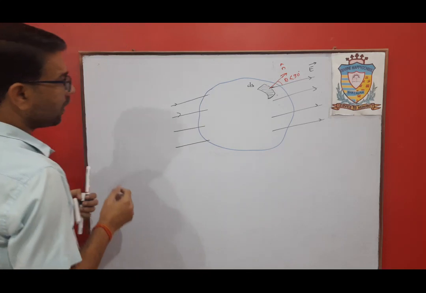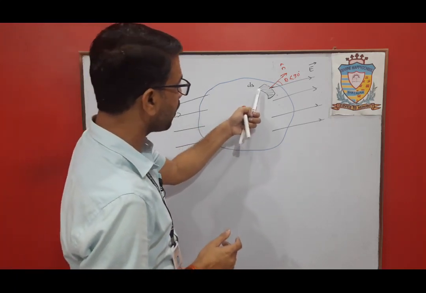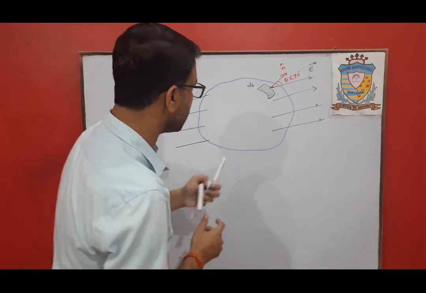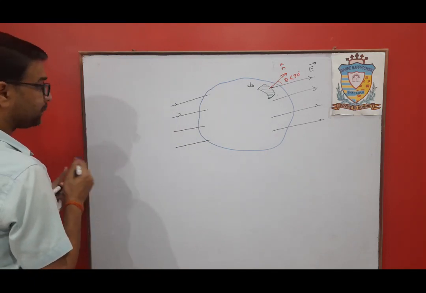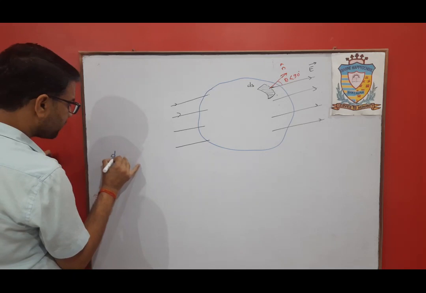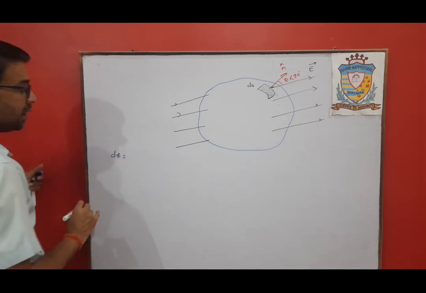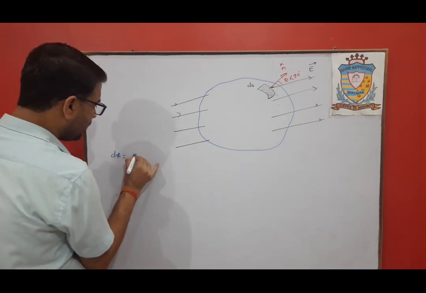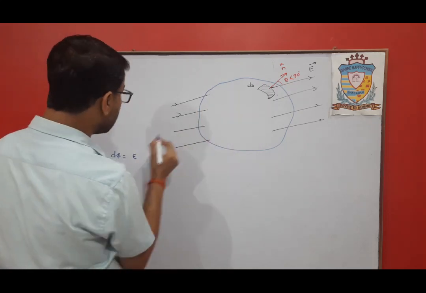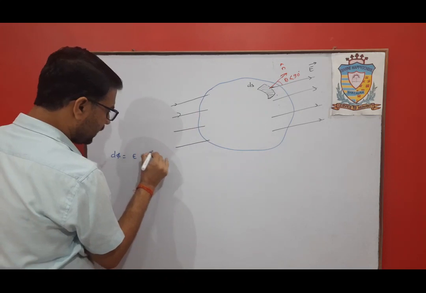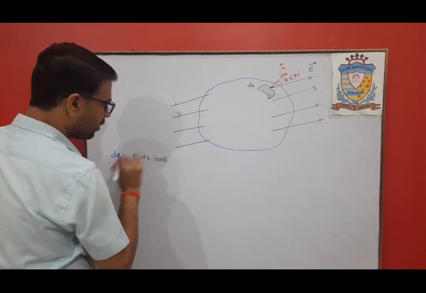To calculate the small electric flux, d phi equals E ds cos theta.